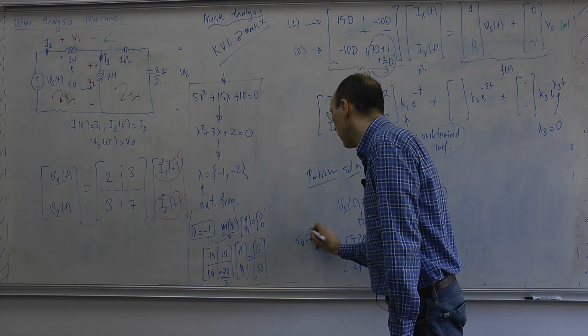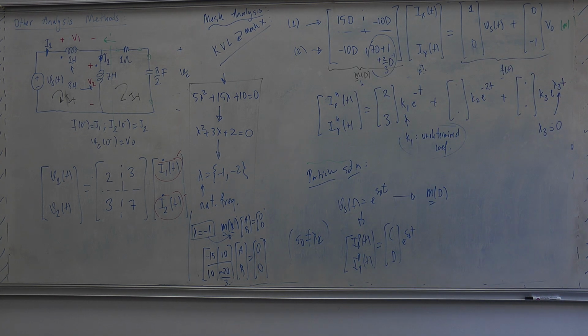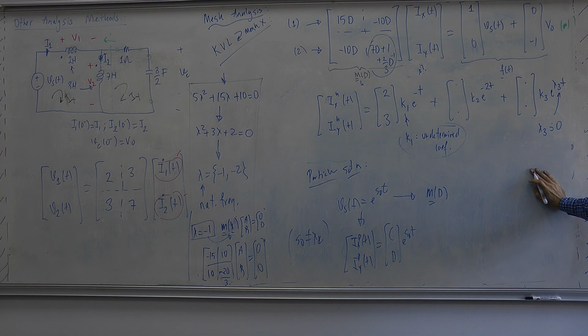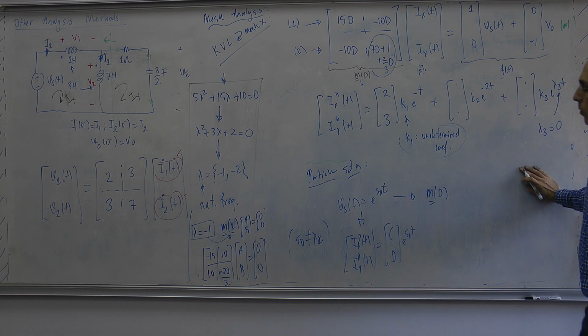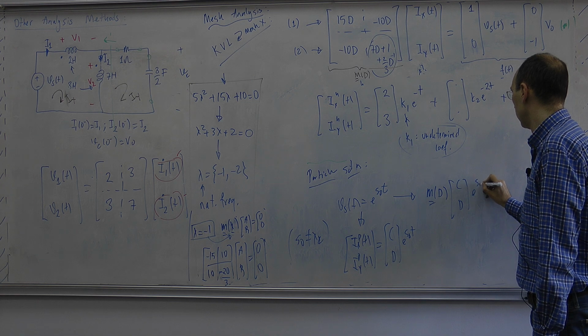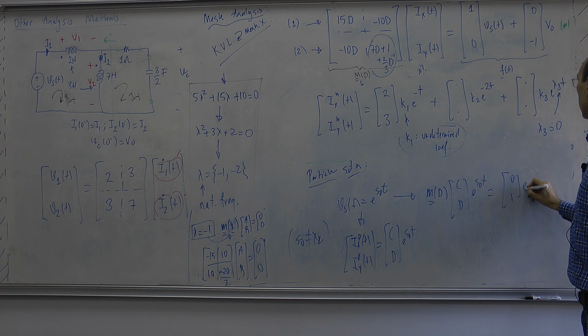Again, s naught shouldn't be a natural frequency, because my guess won't be correct otherwise. If this is a natural frequency, I know this is the homogeneous solution, so for this method to work, s naught shouldn't be a natural frequency. So M D times my guess is equal to 0, 1 e to the s naught t.